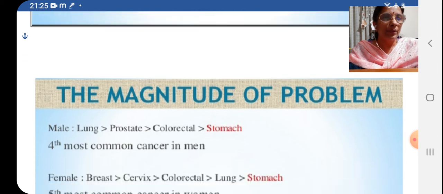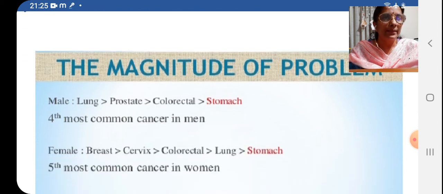The magnitude of the problem: in males, this is the fourth most common cancer. In females, it is the fifth most common cancer. For females, the first is breast, and then comes cervix, colorectal, lung, and stomach.